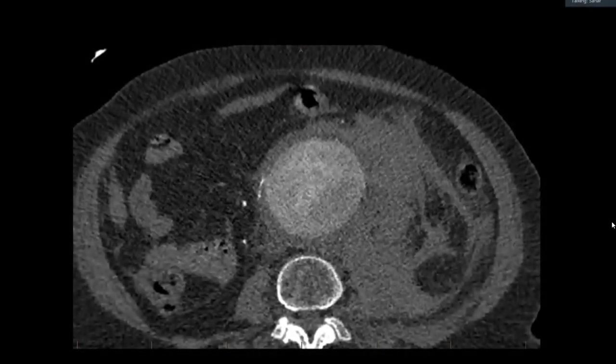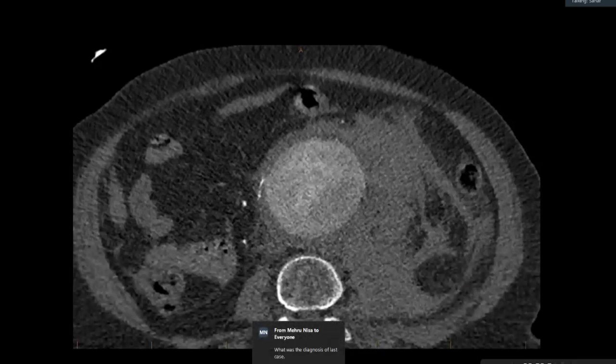Sir, this is the axial slice of the contrast enhanced CT abdomen, in which I can see that there is aneurysmal dilatation of the abdominal aorta with the calcific foci displaced laterally and a significant amount of high density retroperitoneal collection.